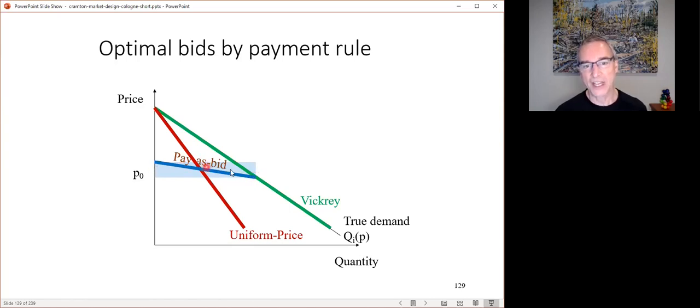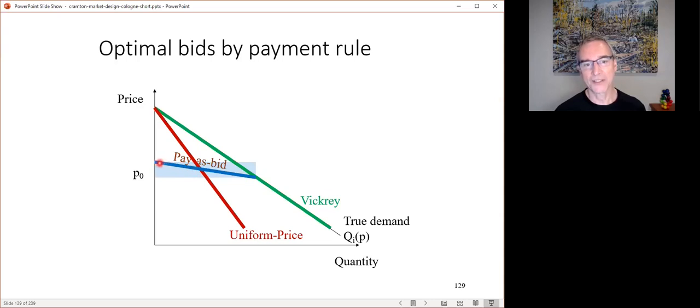And in general, the pay as bid is going to be a very flat bid curve relative to uniform price. So uniform price is very steep, pay as bid is very flat. The reason is, on pay as bid, I've got an incentive to bid as close to the clearing price as I can. The clearing price is typically uncertain to me, and so there's a range of possible clearing prices.